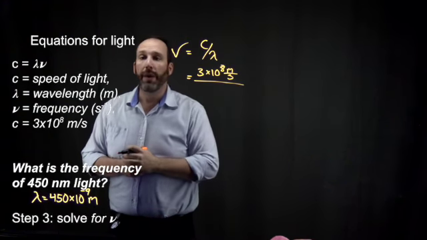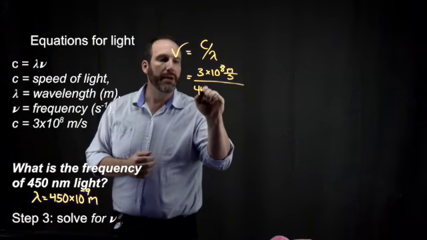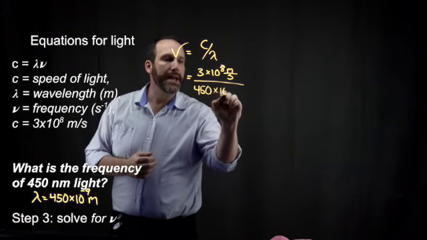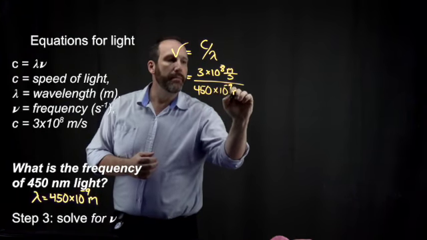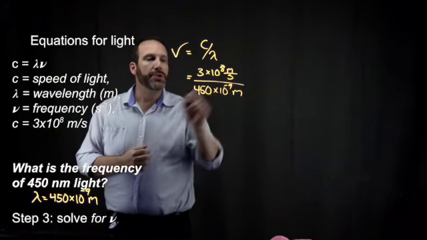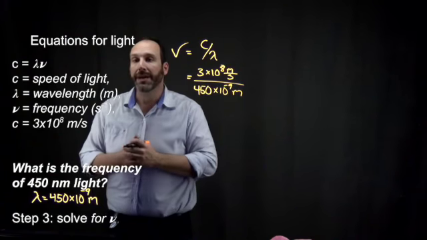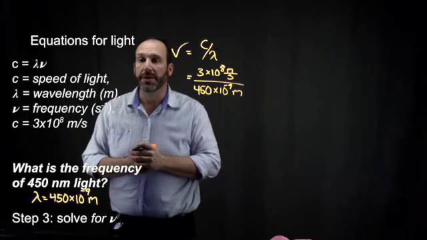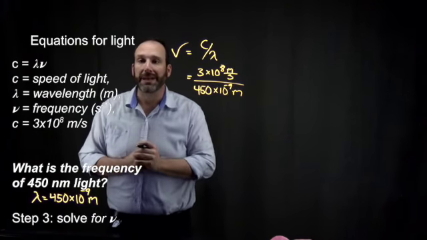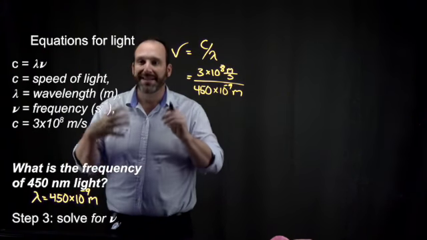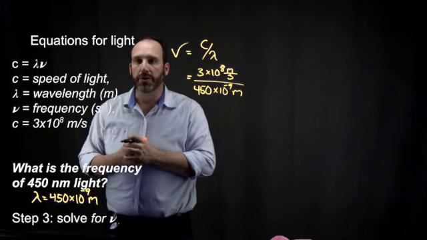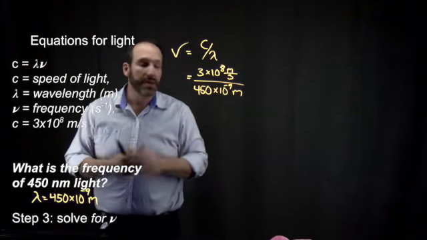And now I know that wavelength is equal to 450 times 10 to the minus 9 meters. When I do this division, what's going to happen to the units? Well, meters are going to cancel, and I'm going to be left with the units of per second, which is hertz, the kind of frequency unit that we're used to.